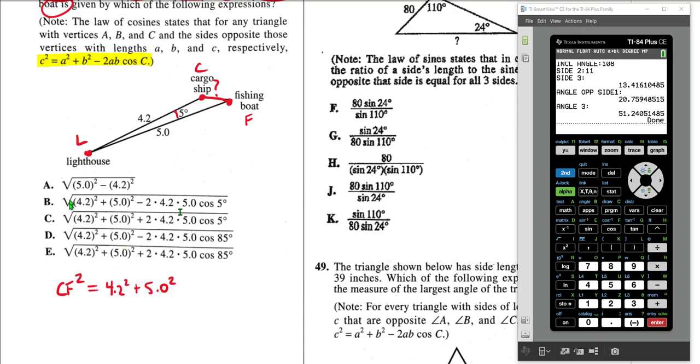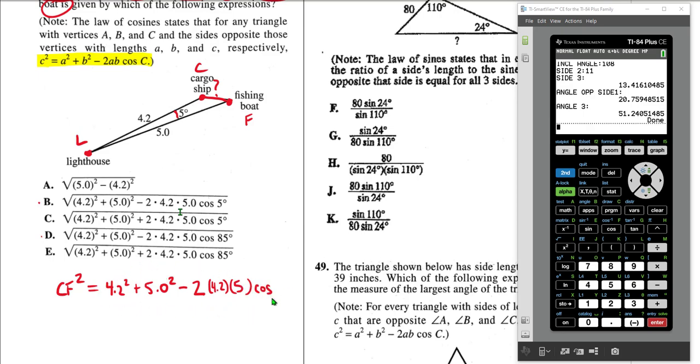We can already kind of see where the first parts of these answer choices were coming from. Then remember we have to subtract out a 2. We have to multiply that 2 by the lengths of those two other known sides, 4.2 and 5. And again, we shouldn't let our eyes be darting back and forth between our work and the answer choices, but we should note that we can sort of see shaping up that either B or D will be our answer, because B and D have all of the elements that we've just written down here.